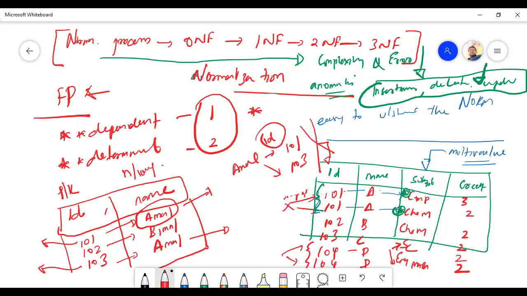So you cannot determine this by Amal. You cannot uniquely identify a person by calling Amal, right? That is why we learned that name cannot be the candidate key. Name cannot be the candidate key because names can be duplicated.